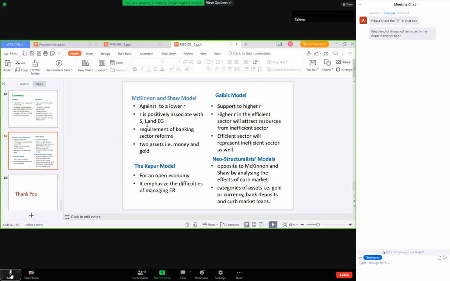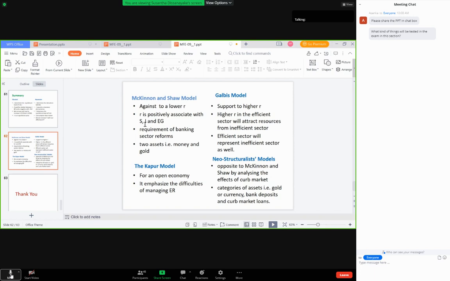We always think from the Keynesian perspective. Here they are saying R is positively associated with investment. So when the interest rate is high, investment is also high.